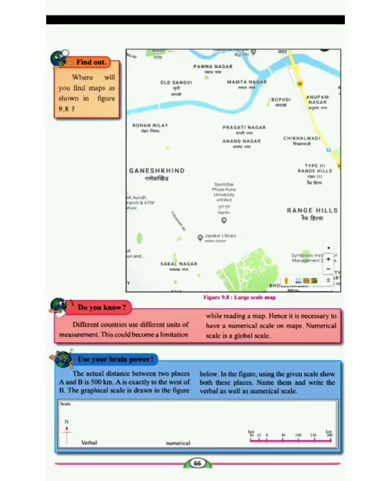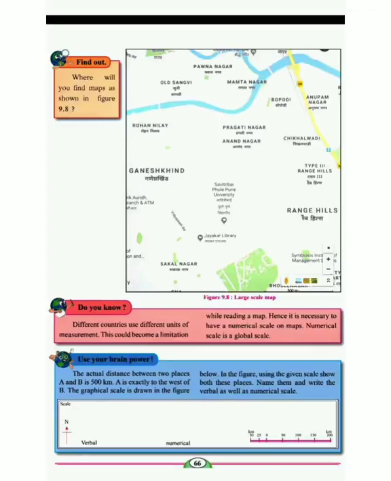But when you describe it in a numerical form, it is a global scale, because it is the same for everyone. Use your brain power. Now again, this would be homework. Try finding out solutions, students. If you don't get the answer, then come to me, we will discuss.